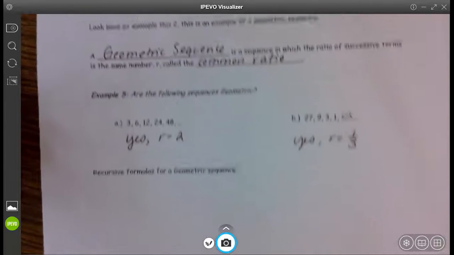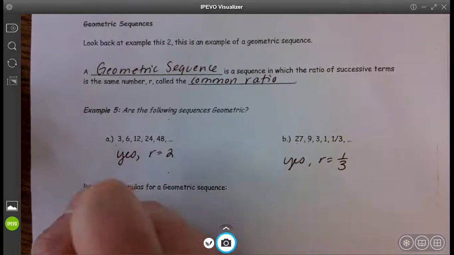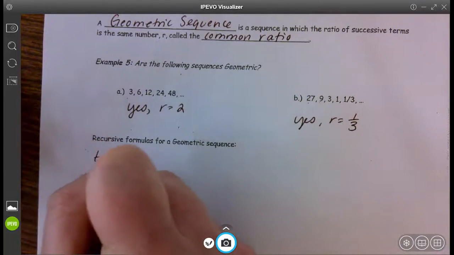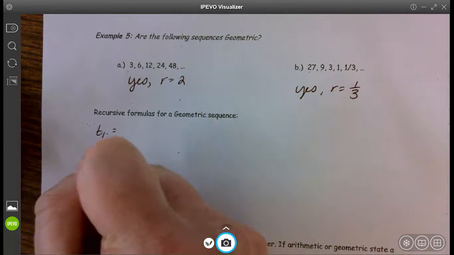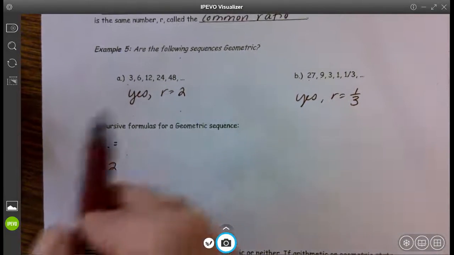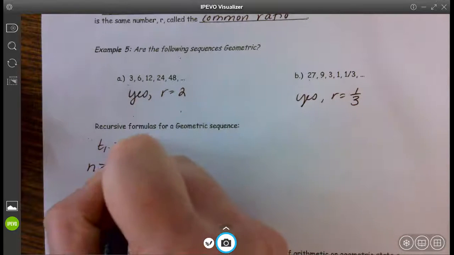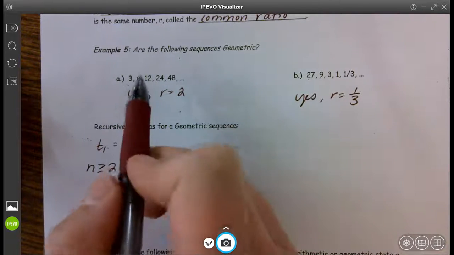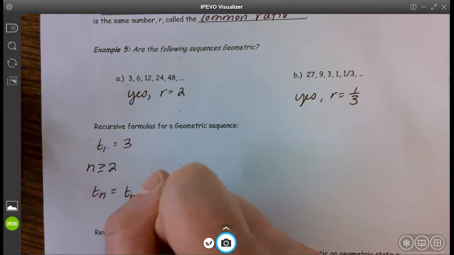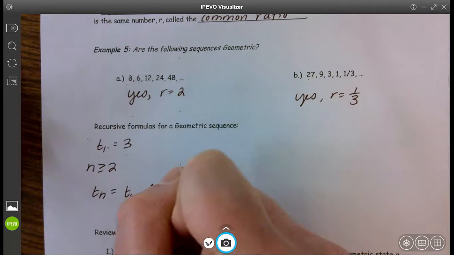Recursive formula for geometric. So we're going to do the same thing. What's your first term? You start with the second term. And here's your formula. To find the nth term, you're going to do something with n minus 1. So let's start with this one. Your first term is 3. To find 6, you had to take your previous term and multiply by 3.